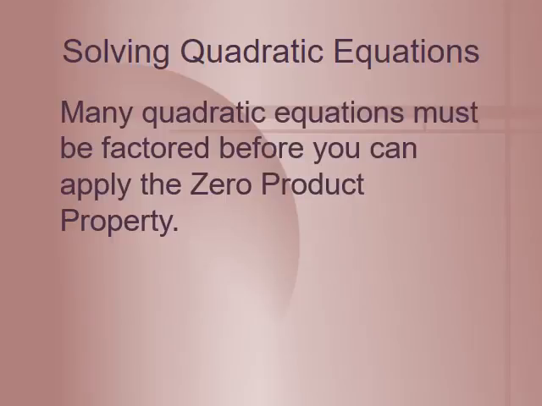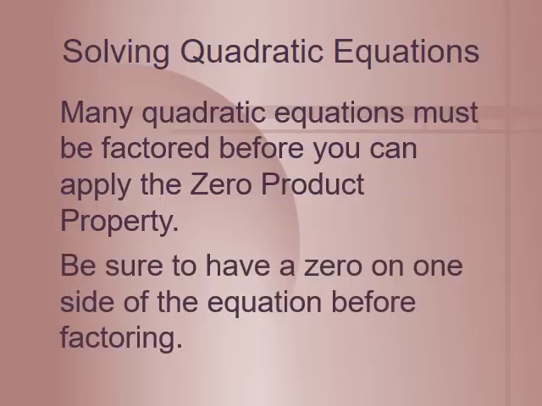Now before you try to solve quadratic equations, a lot of times you have to actually factor them out so that you have the two problems like we just saw. So let's look at this next example. This is not set up where we can say something equals 0 or something equals 0, so let's go ahead and factor it out.